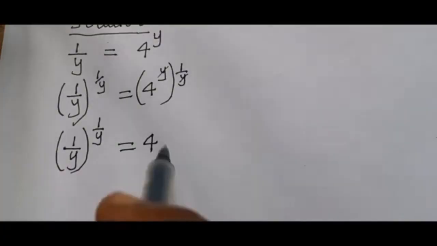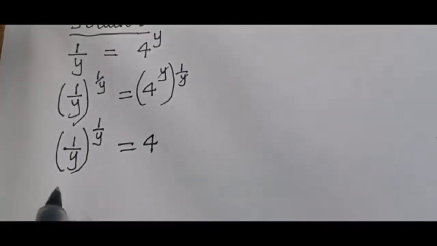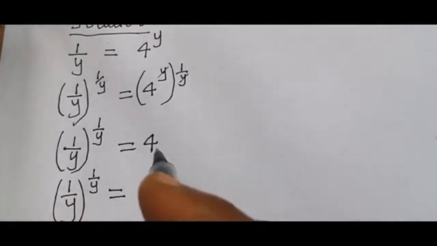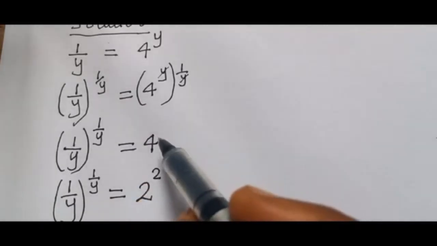We know 4 is 2 times 2. So instead of writing 4 here, we write 2 power 2, which is equal to 4.